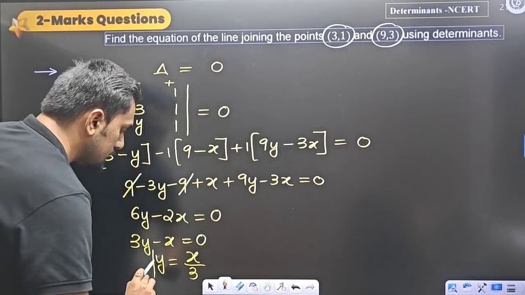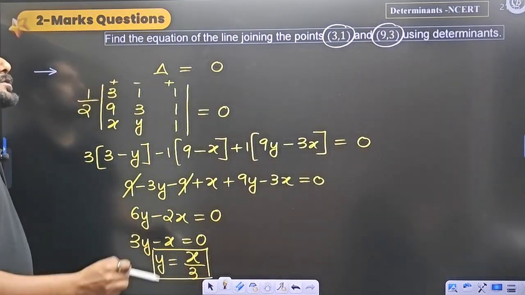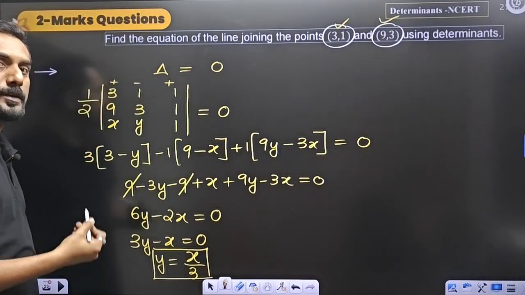So y equal to x by 3 is the equation of the required line whose vertices are 3, 1 and 9, 3. Pause the video and note down the answer.